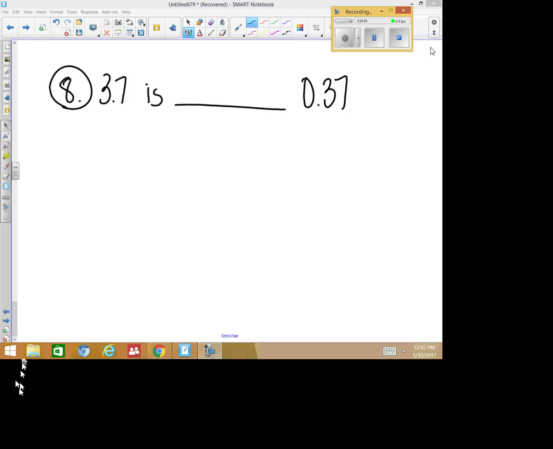Is this one less than this one? It's greater. Not equal. The decimal point's not in the same place, is it? So isn't 3 ones bigger than 0 ones? Yeah. So this one's greater. Oh, so you just got it right. Greater than.